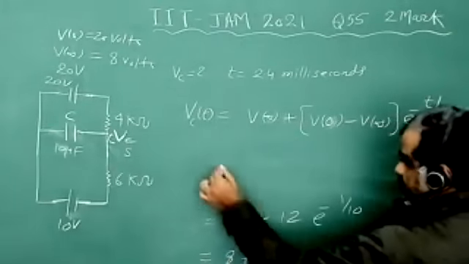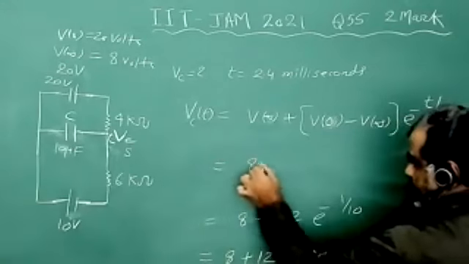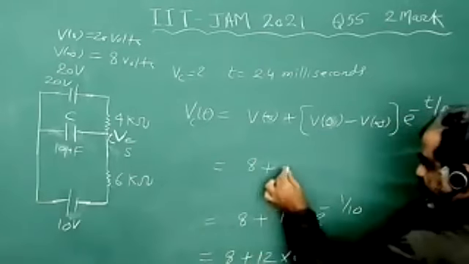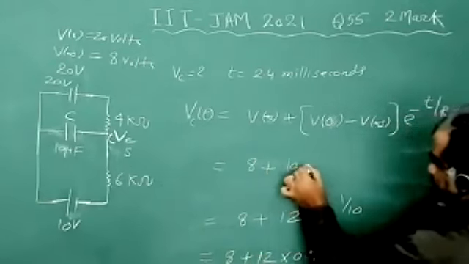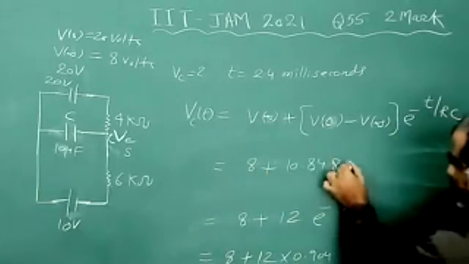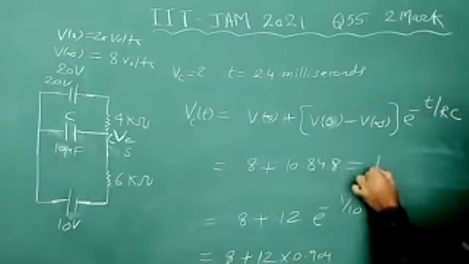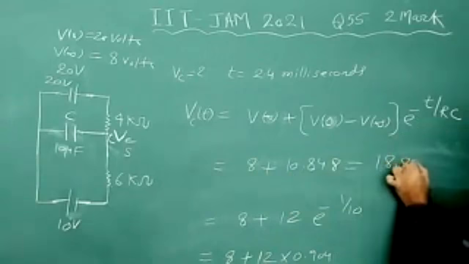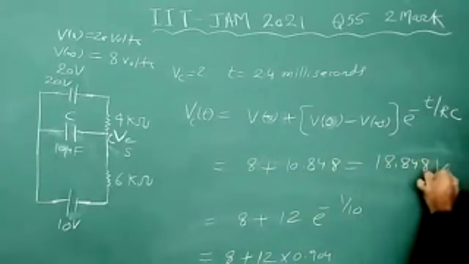So 8 plus 12 into 0.904 gives 10.848, and if I solve this, it gives me 18.848 volts. So this is your answer.